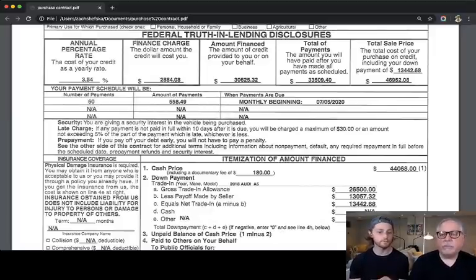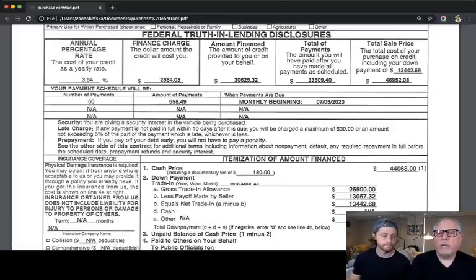Yes, but in this case, this particular customer has positive equity, and a considerable amount. Oh yeah, more than most people would. But you can see that when you take the total of the payments, which was $33,509.40, and you add the $13,442.68 of positive equity he has, it comes up to $46,952.08.